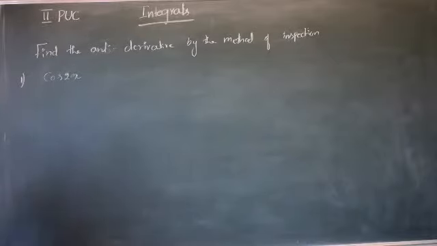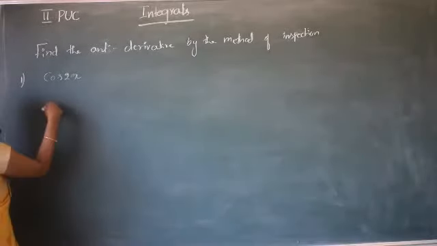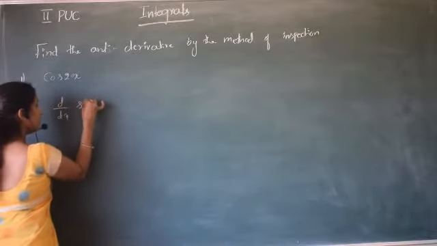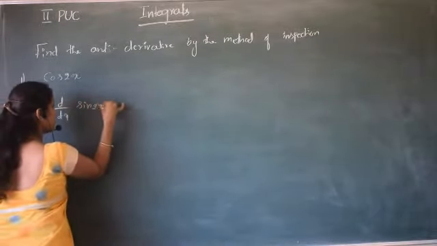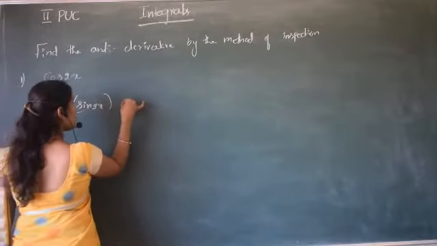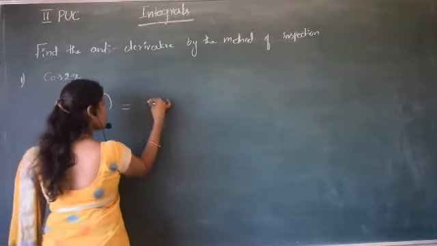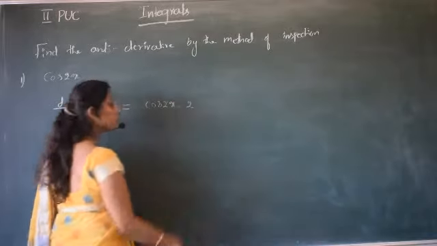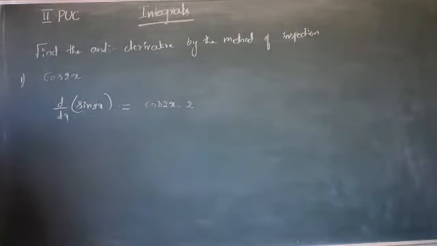So I can write the derivative of sin 2x is equal to cos 2x into 2. This is the method of finding a derivative or antiderivative or integral value by the method of inspection.